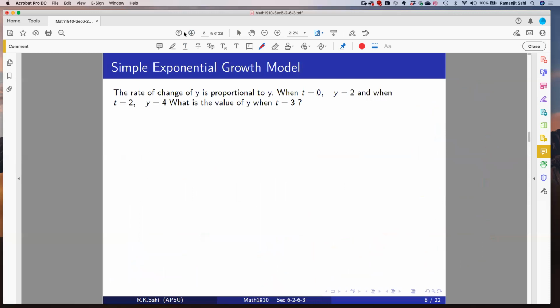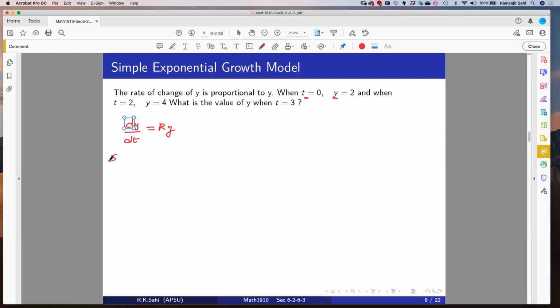Now, let's look at a very simple exponential growth model. We are given that the rate of change of y is proportional to y. That means my differential equation is dy by dt, taking t to be the independent variable, equals k times y. Call this equation 1.